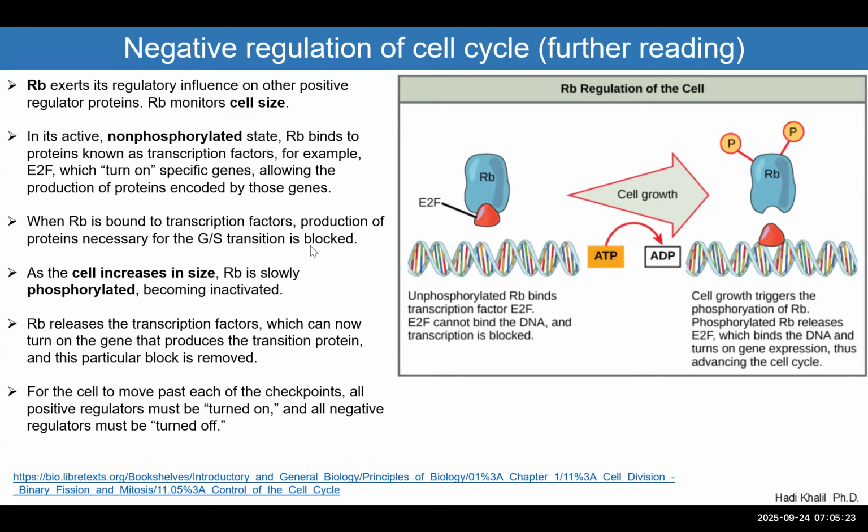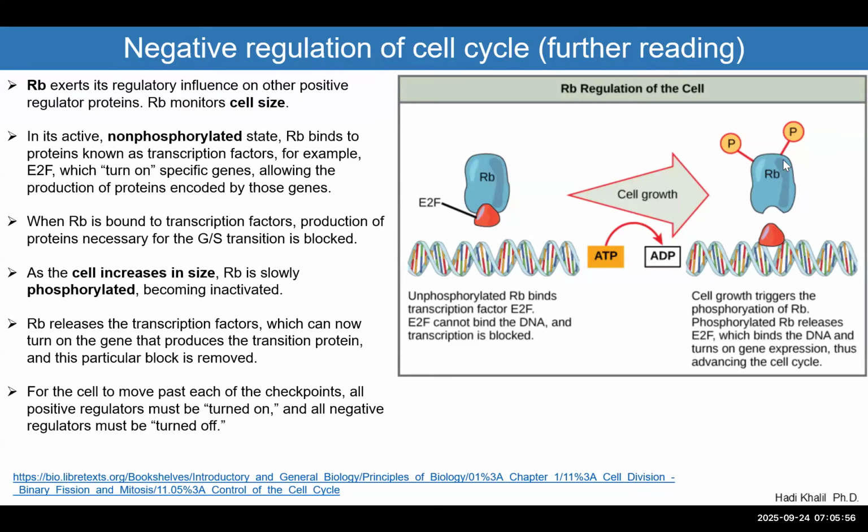So again, as we described for the P53 and the cyclins, the G to S transition is blocked by the retinoblastoma. When the cell size increases, suggesting that the cell is now ready to move to the next step, and therefore the retinoblastoma function has to be reverted, then retinoblastoma becomes phosphorylated.